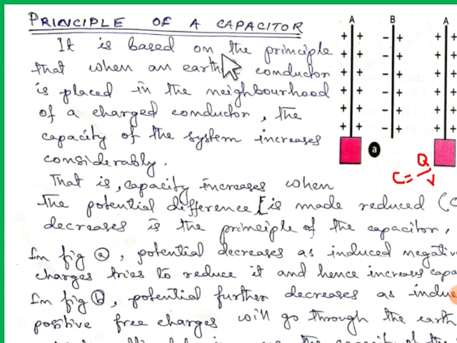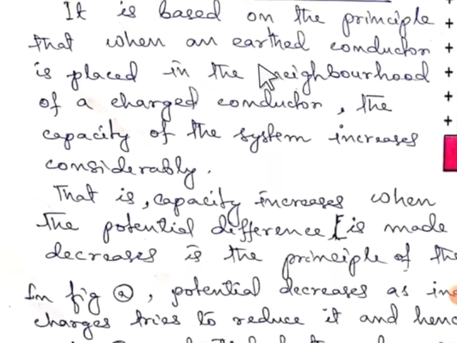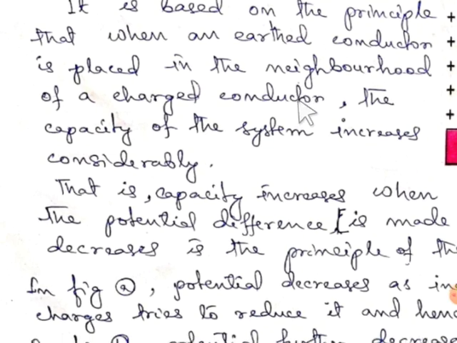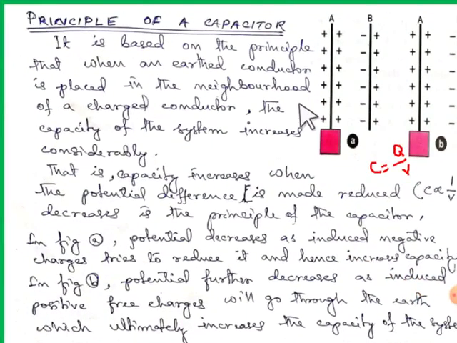Let's see. It is based on the principle that when an earthed conductor is placed in the neighborhood of a charged conductor, the capacity of the system increases considerably. That means when you connect to the earth that uncharged body brought in the neighborhood of the charged conductor, the capacity of the system increases.